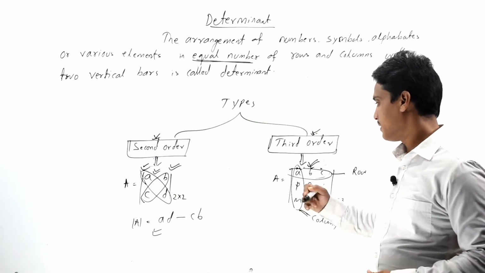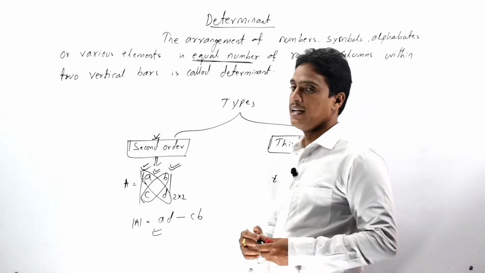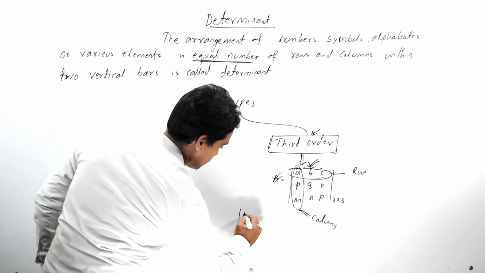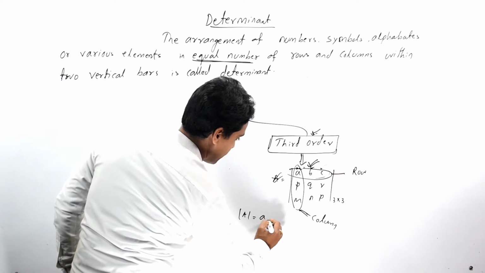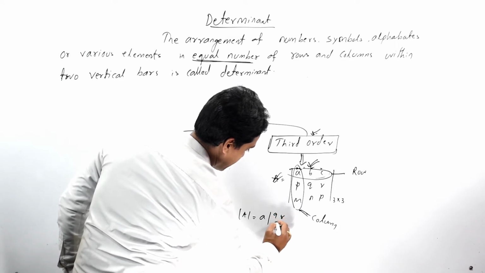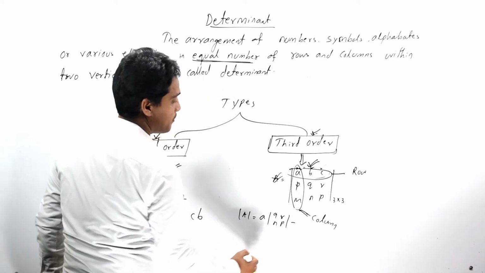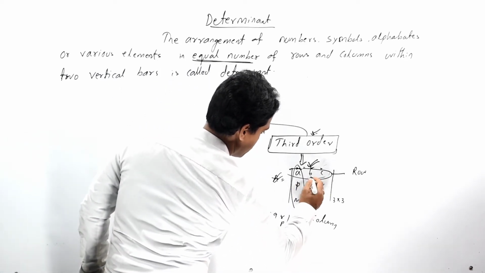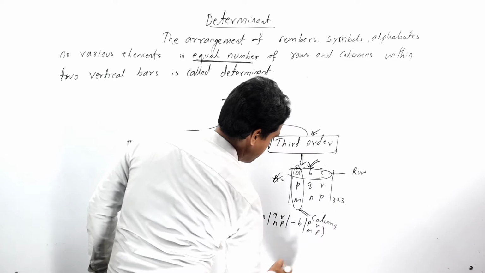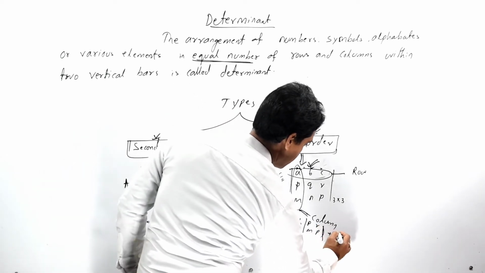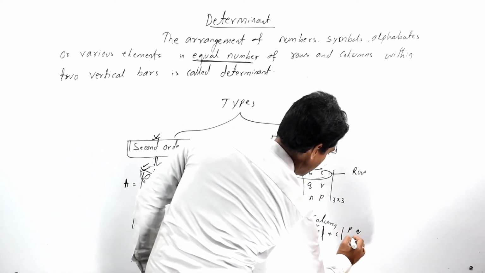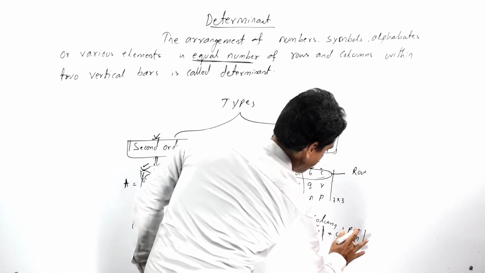So in the case of a third order determinant, in our given example, the value of the determinant is A into the value of the sub-determinant QR NP, minus B into the value of the sub-determinant PR MP, plus C into the sub-determinant value PQ MN.